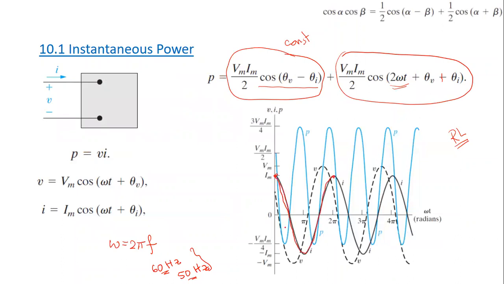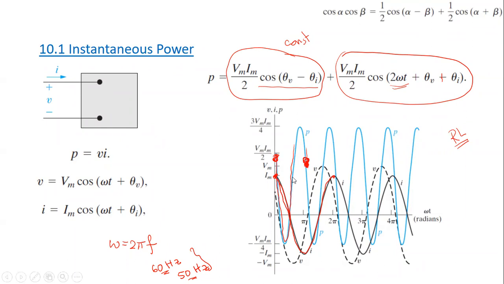This would be T for the current, but we are talking about T for the power. We are integrating the power, so we look at one period of the power.